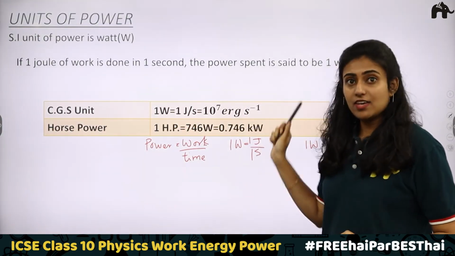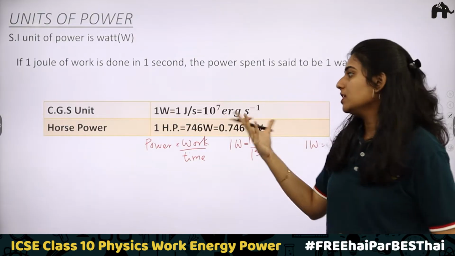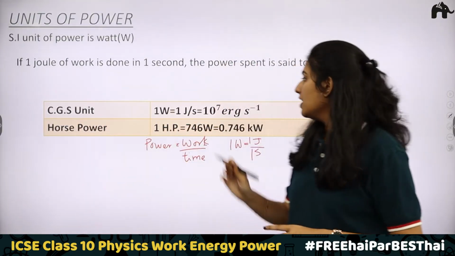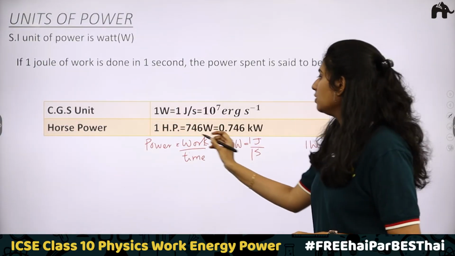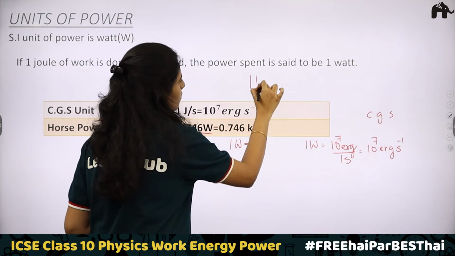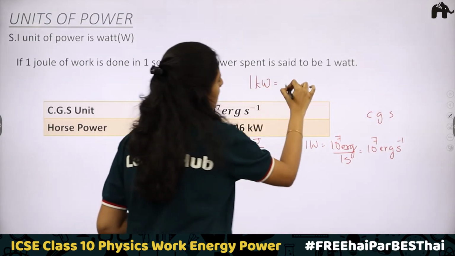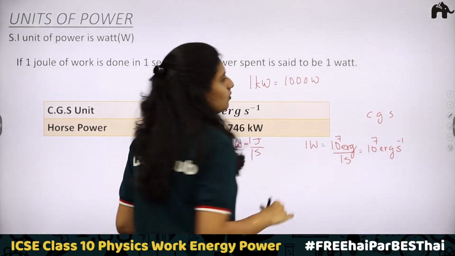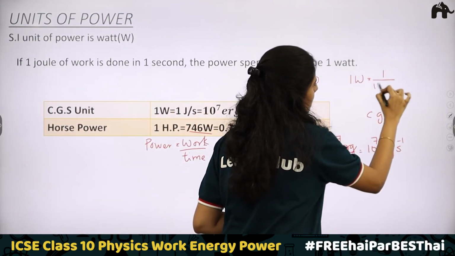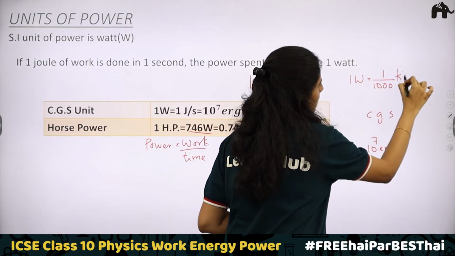Then we have a higher, bigger unit, which is used mainly for mechanical engineering purposes, that is horsepower. 1 horsepower is equal to 746 watts. We know 1 kilowatt is equal to 1000 watts. Then 1 watt is 1 by 1000 kilowatt.